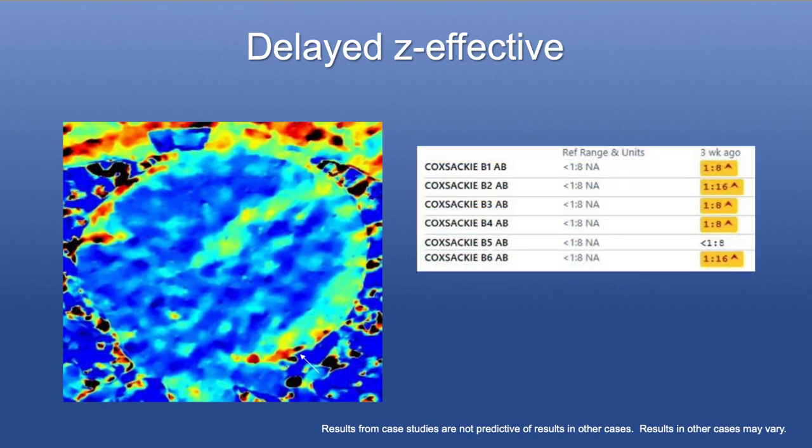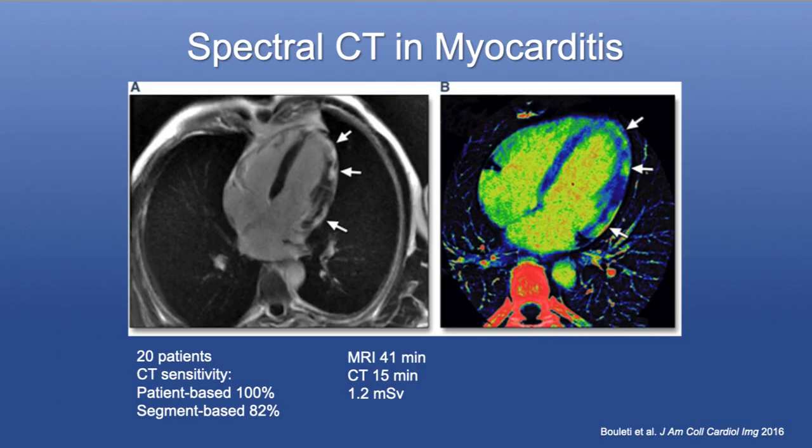We sent for Coxsackie, and the patient tested positive for Coxsackie antibodies, which obviously takes some time. So the diagnosis was made faster with the CT than just waiting for the antibodies. It didn't take 3 weeks, but still, we were able to identify the reason for the chest pain, and we were able to give the patient a diagnosis.